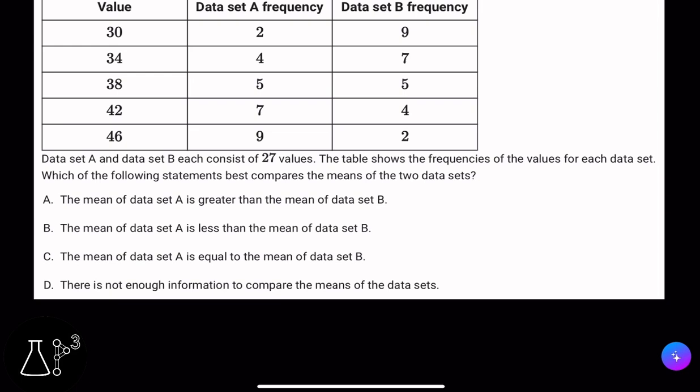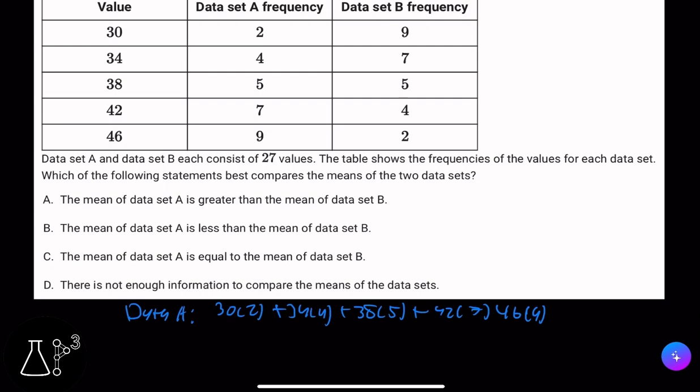So let's look for the mean for data set A. Data set A mean basically equals 30 multiplied by 2, 34 multiplied by 4, 38 multiplied by 5, plus 42 multiplied by 7, and then 46 multiplied by 9.